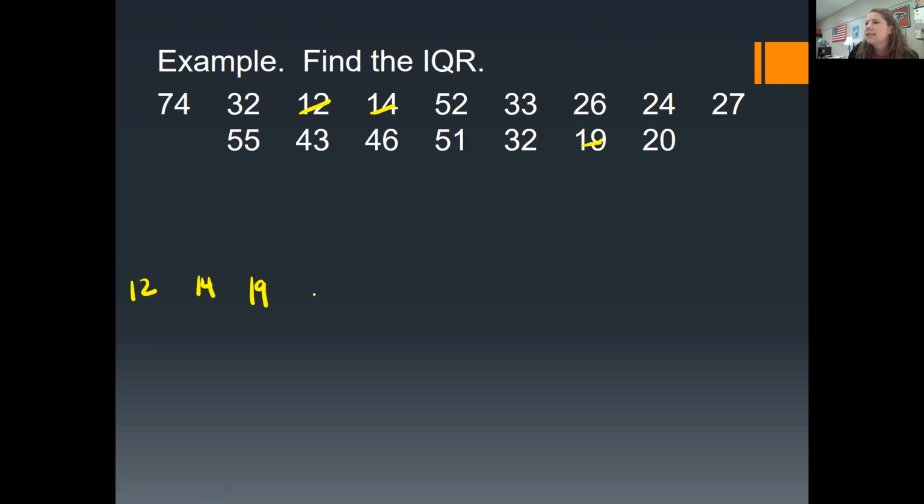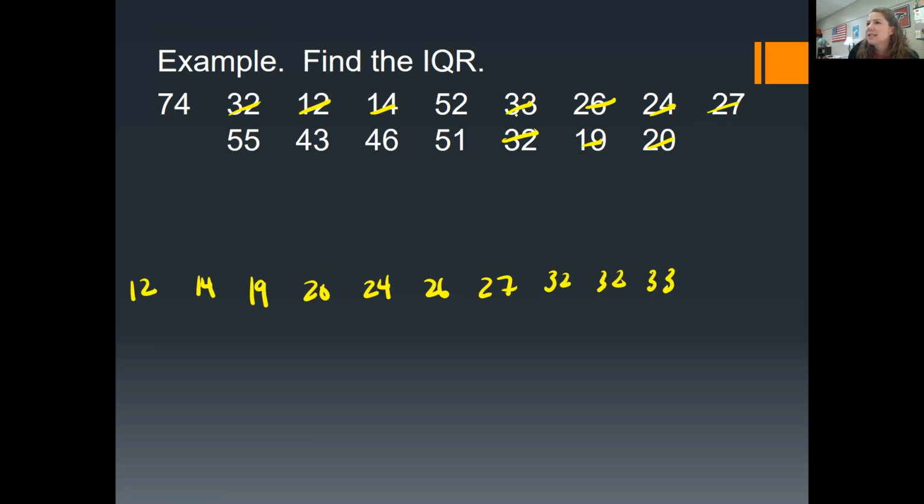And then I see a 24, I see a 26 and a 27. So I got 20, 24, 26, 27. Now what, 32, 32s? 32, 32, 33.